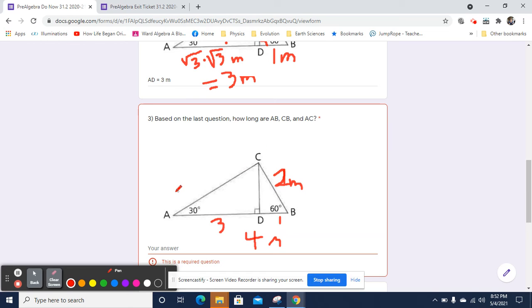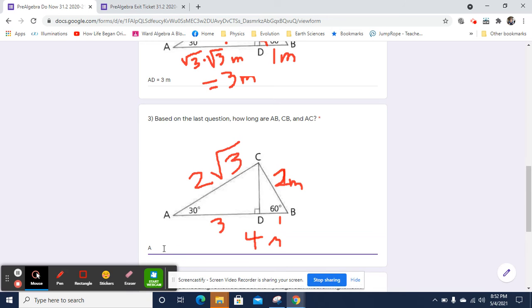And this one has got to be, since this is the short leg, that's the long leg. And it is the opposite side to 60 degrees. That's got to be 2 root 3. Okay, and now we've got all the sides. We could work out the perimeter to that.